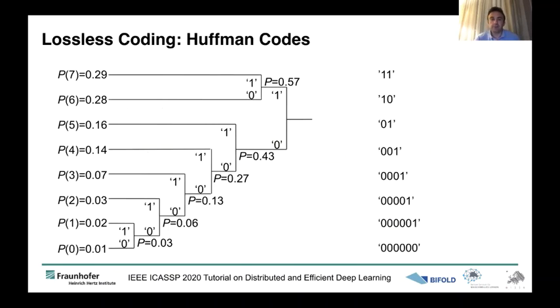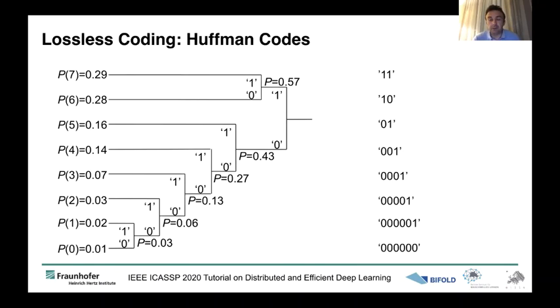such optimal codes. In Huffman coding, you construct these kinds of trees where you start with the symbol which has the lowest probability. So for example, here 0 and 1 have the lowest probability. P of 0 is 0.01, P of 1 is 0.02.